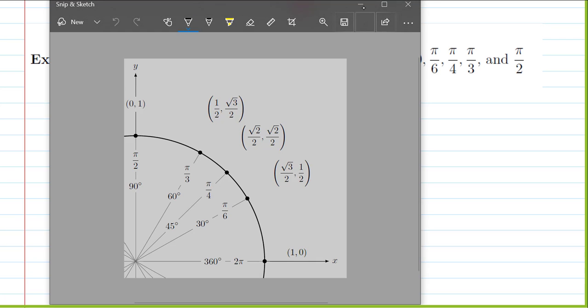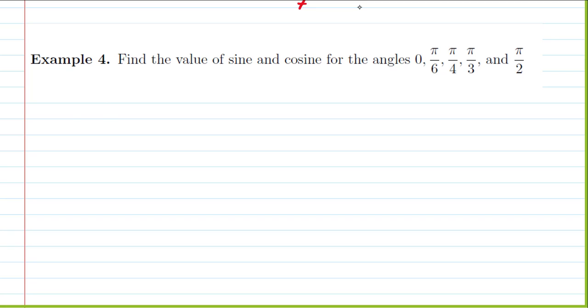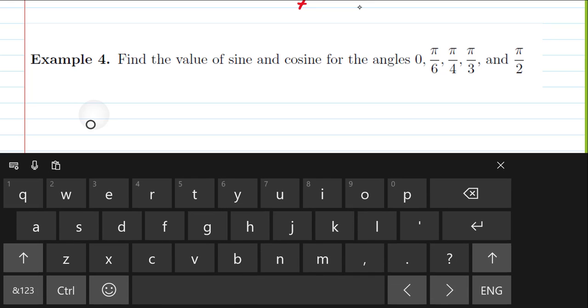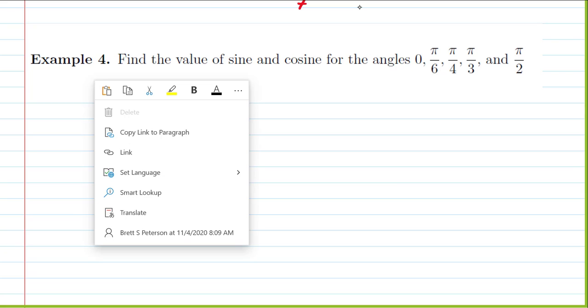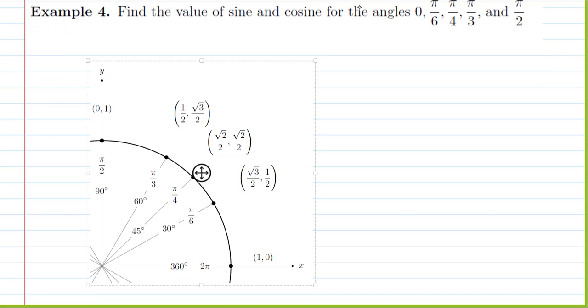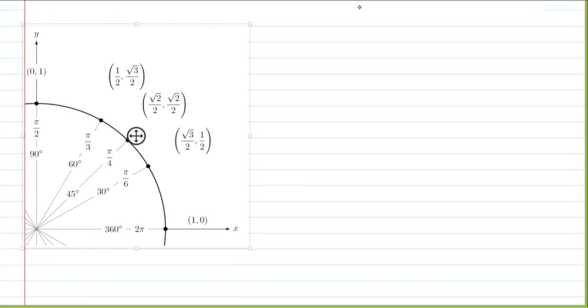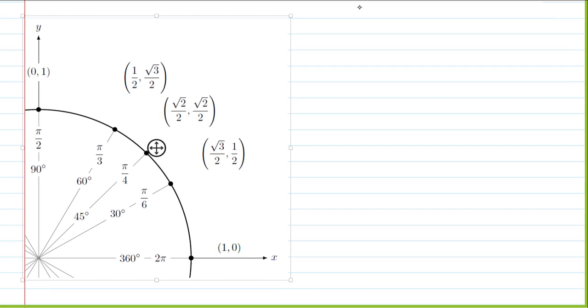As we've been talking about, on the unit circle, what do we know about sine and cosine? Well, sine is y and cosine is going to be x.